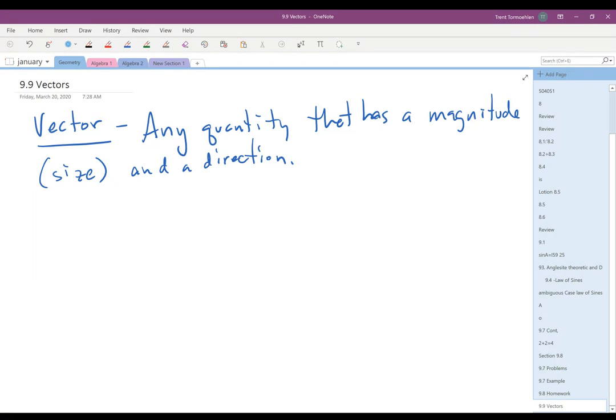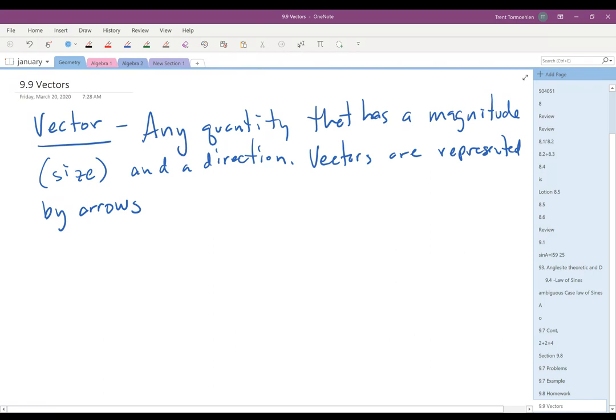When we do that, vectors are represented by arrows that have a direction. The arrow points in a certain direction, and then it has a length, and the length is going to be the magnitude, which we'll get to in a second.